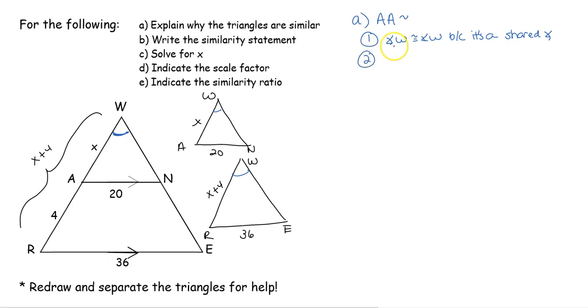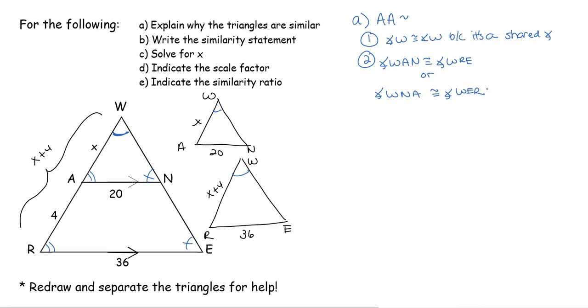We can prove all three congruent, but we only have to do two. I can also say angle WAN is congruent to angle WRE, or I could say that angle WNA is congruent to angle WER.